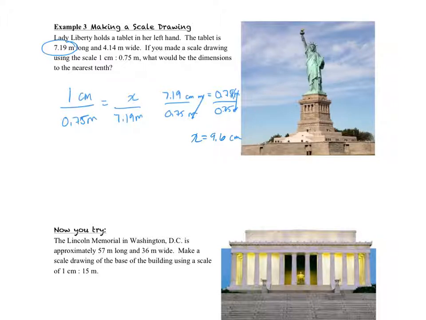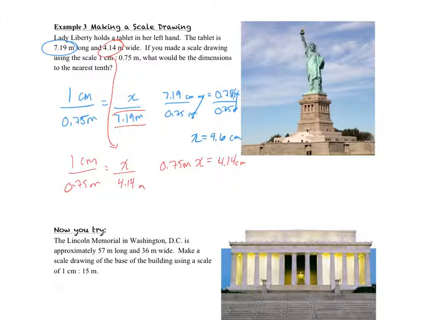And we have to do the same thing now, but with the 4.14. So I rewrite the same thing. 1 centimeter over 0.75 meters equals x, instead of 7.19, we're going to put it over 4.14. Cross multiply, we get 0.75 x meters is equal to 4.14 centimeter meters.